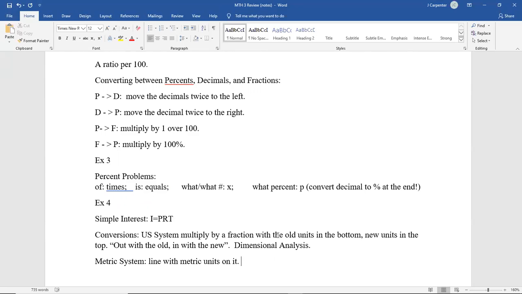So you start on the initial units, move to the new units, and then do the same thing to your decimal in terms of left or right and number of times.